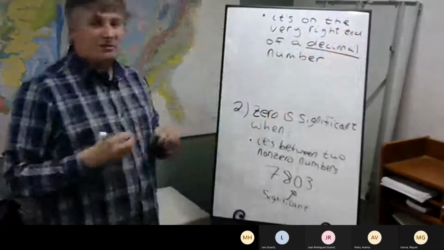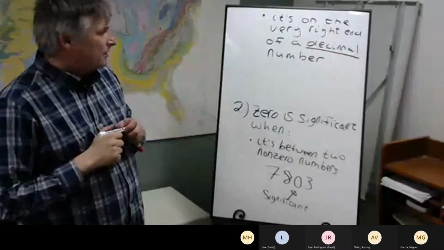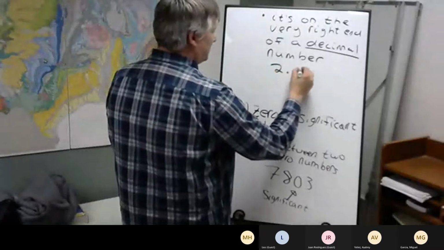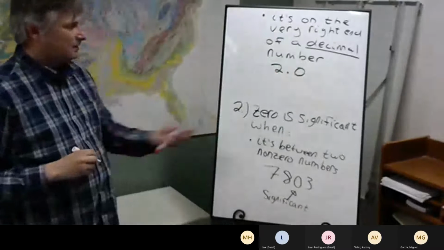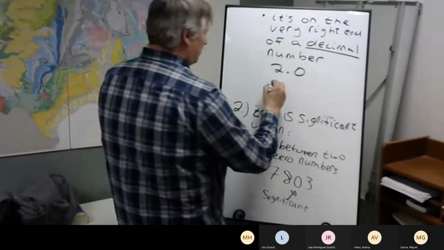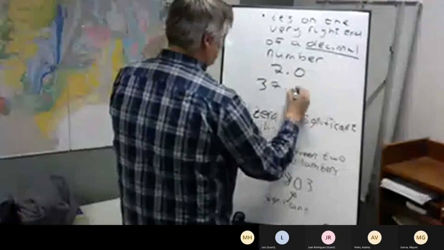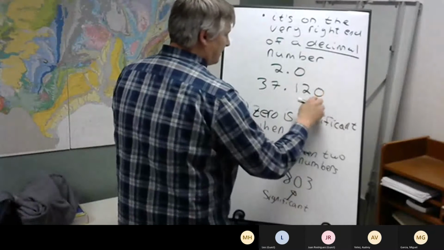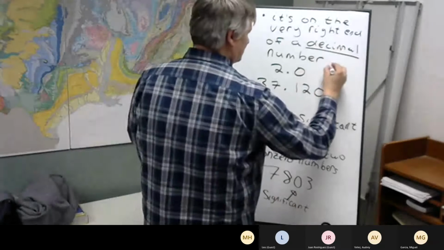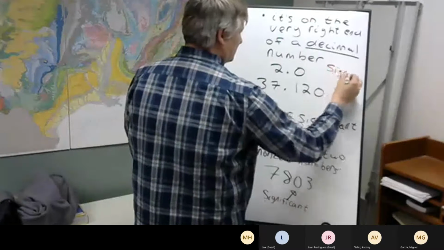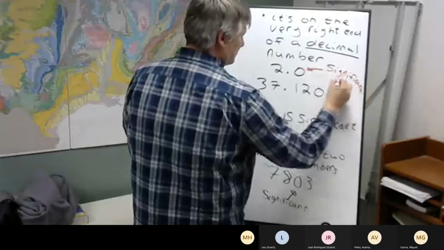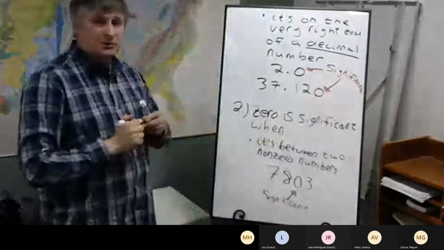So that's going to mean the presence of a decimal point. So for example, 2.0. This zero on the right end is significant. Or let's go 37.120. That's also going to be significant. So those two zeros are going to be significant.